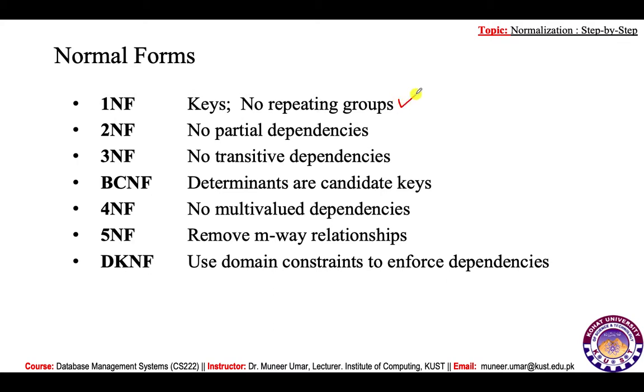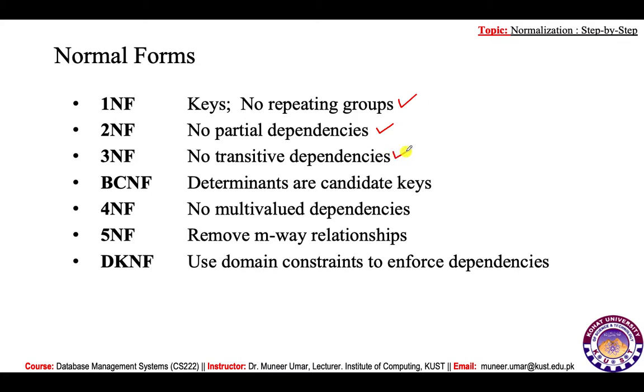In second normal form, we look for partial dependencies. If there is no partial dependency, the table is in second normal form. In third normal form, we look for transitive dependencies. If there is no transitive dependency among the attributes, the table is in third normal form.